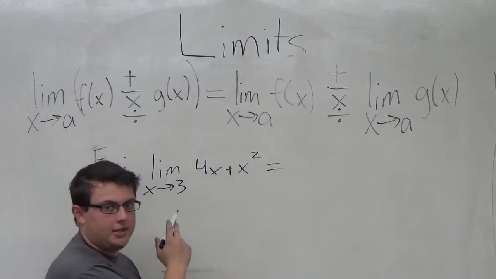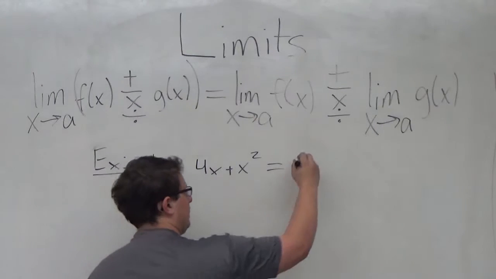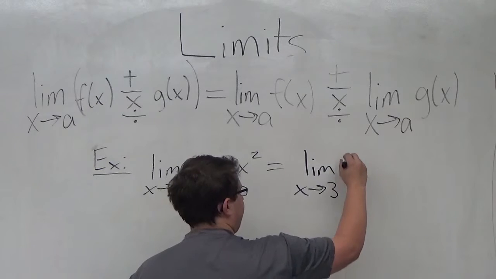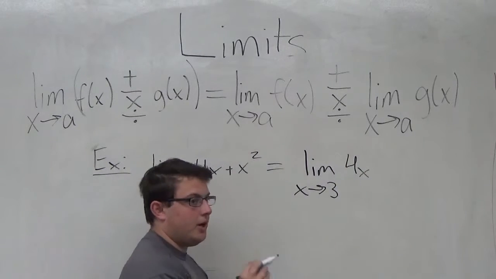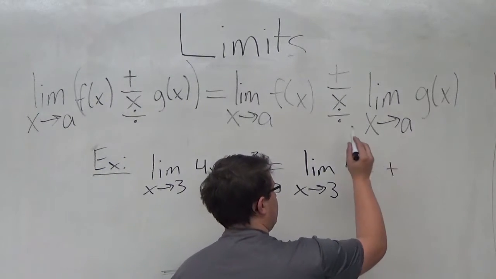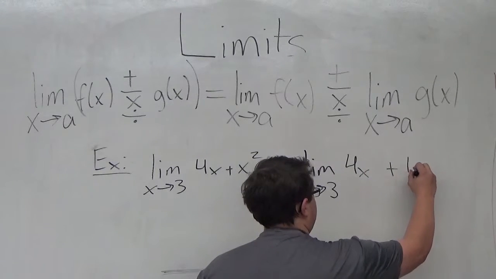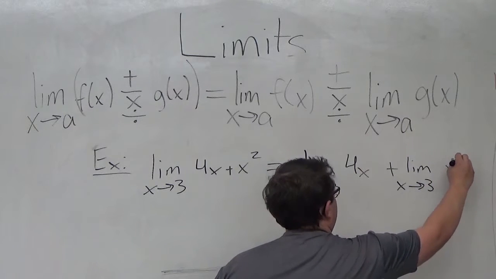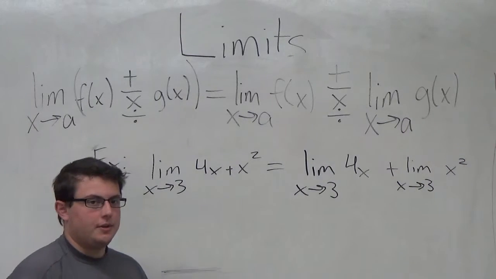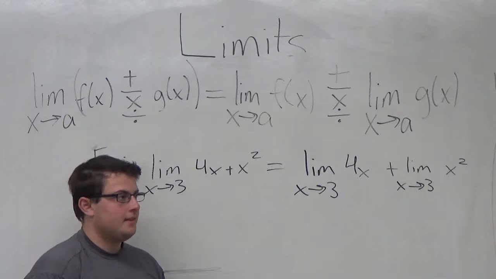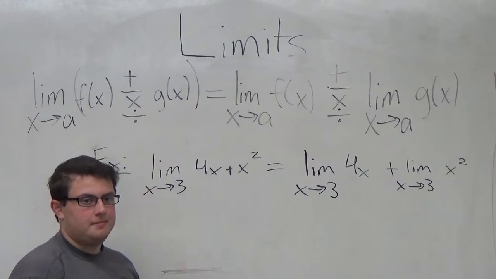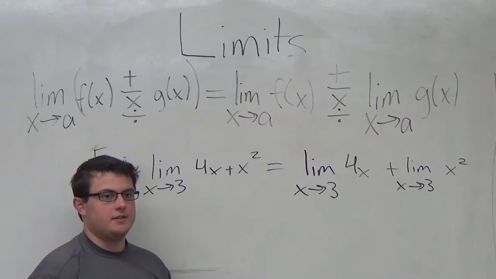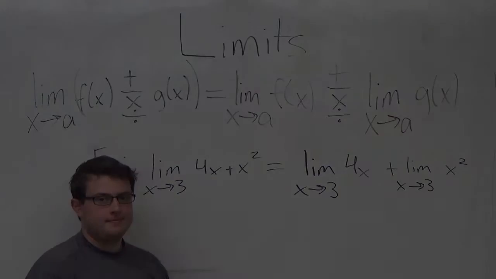What this is actually equal to is the limit as x approaches 3 of 4x, plus, and this is where the plus comes in, the limit as x approaches 3 of x squared. So what it's basically saying is that the limit of a sum is the sum of each of the limits. And that applies for multiplication, division, and subtraction too.